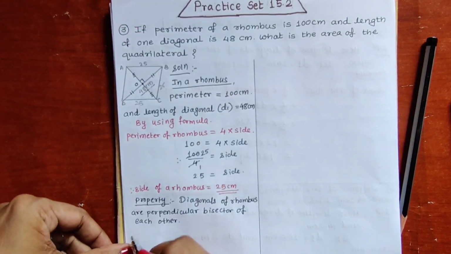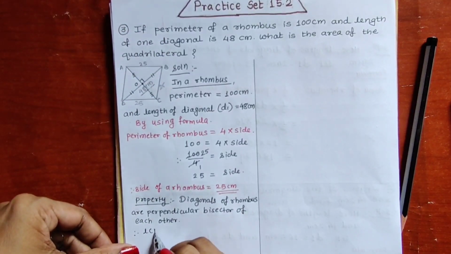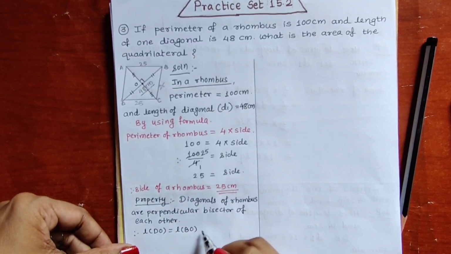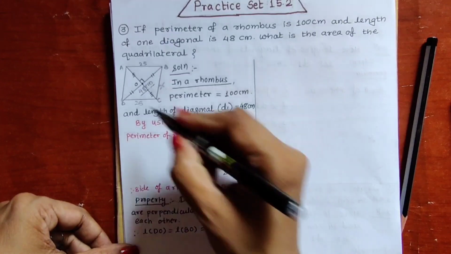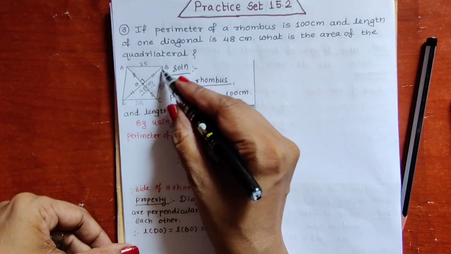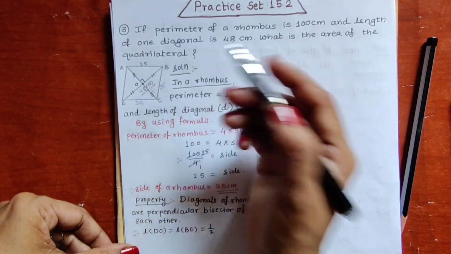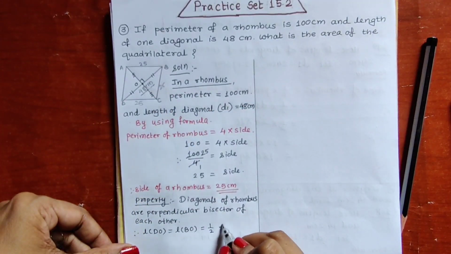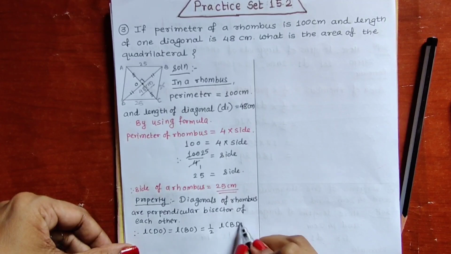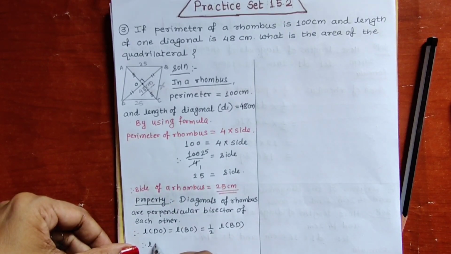So therefore length DO is equal to length BO. They are half of this BD. This full diameter is 48 centimeter. So BO and DO will be half of length BD, equal to half of 48.